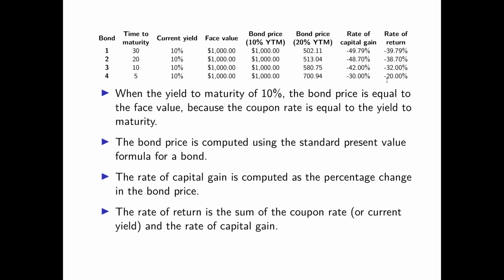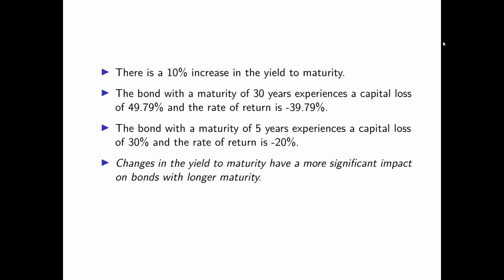Okay. All right, so this is essentially what I just explained, but we need to remember that changes in the yield to maturity have a more significant impact on bonds with longer maturity. That's really what we need to remember.